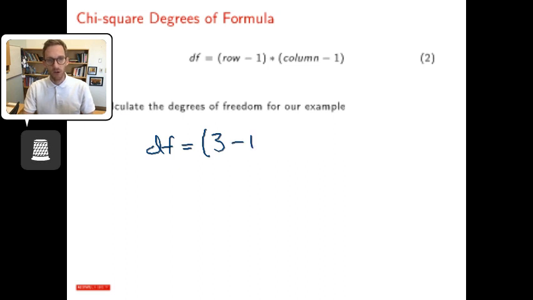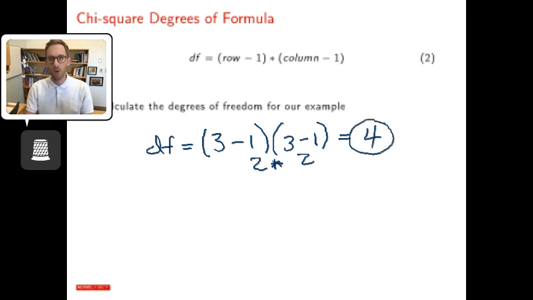And then for our political party affiliation, we had Republican, Democrat, and Independent. We also had 3. So 2 times 2, the classic, would be 4. So that's the number of degrees of freedom that we have.